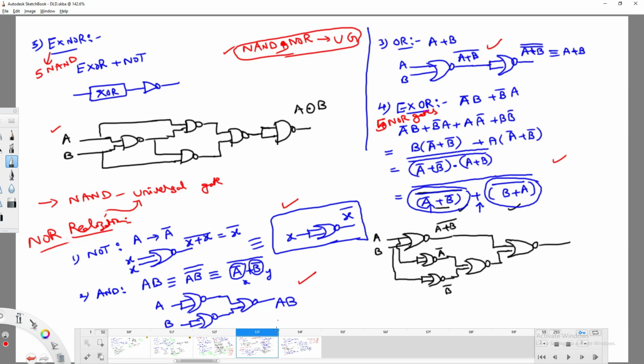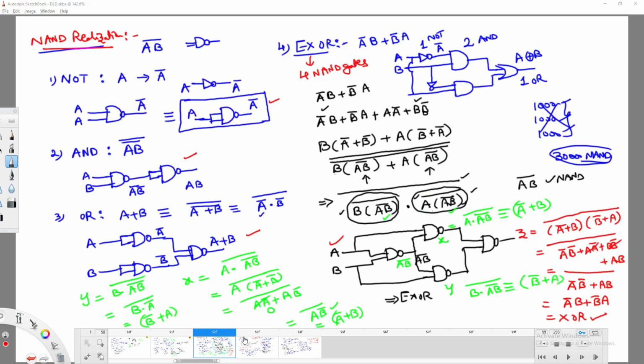So if you are going to get any kind of circuit, you can simply construct that circuit with the help of either completely NAND gates or completely NOR gates. So the company won't have any problem. They will simply produce either NAND gates or NOR gates. They won't bother about how many AND gates or OR gates are required. That's the simple thing. That is the advantage of universal gates.